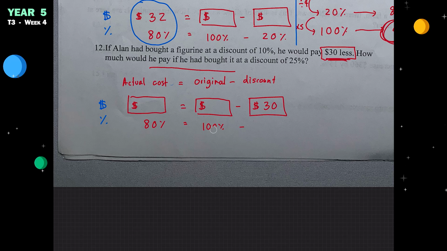So let's rub out all these percentages so we don't get confused. So discount is your 10%. And also, what else do we have? Okay, the original will be 100%. Obviously, that's a given. So therefore, the actual price must be 90%. Now, which one do we use?